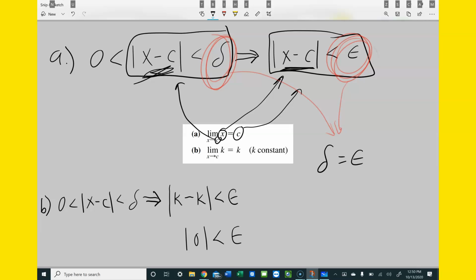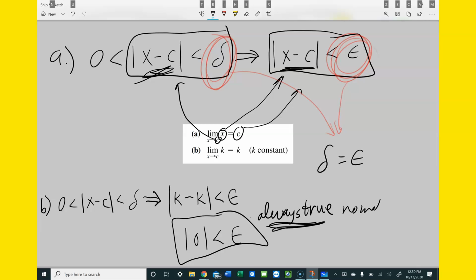Well, when is 0 going to be less than some other number that's not 0? All the time. In any case, under any circumstances, this is always true. That 0 is less than some positive number epsilon is always true, no matter the delta.